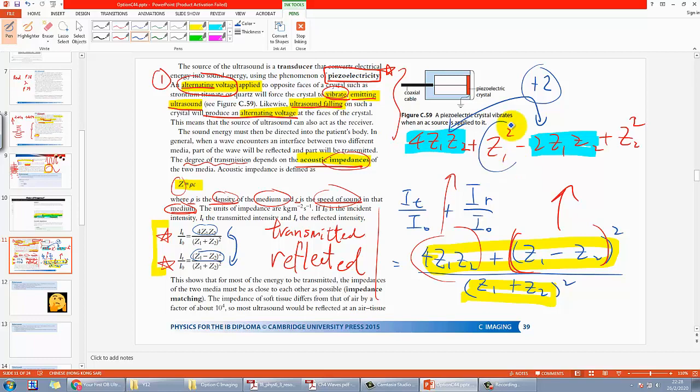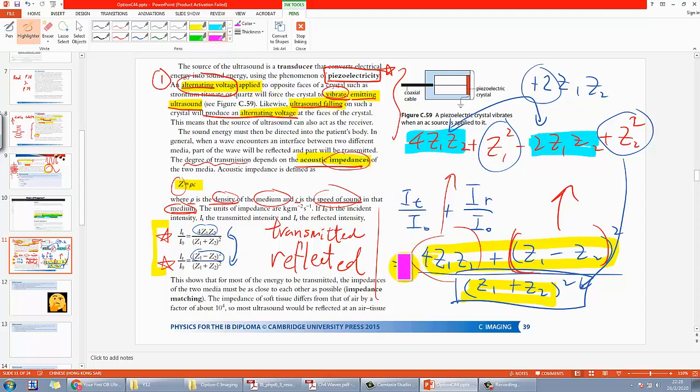So Z1 squared plus 2Z1Z2 plus Z2 squared basically equals this, (Z1 plus Z2) squared, and that is exactly 1. Quite beautiful, isn't it?